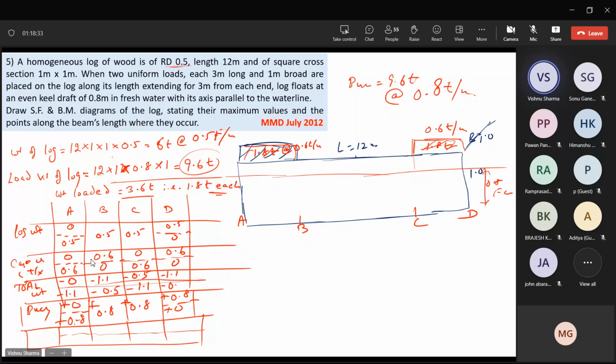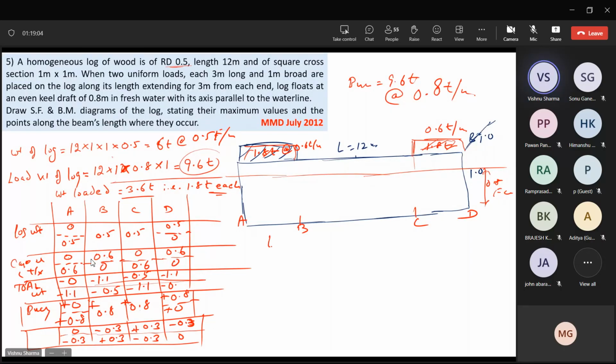The load will be 0. This is plus 0.8 and minus this 1.1, so minus 0.3. This will be minus 0.3, plus 0.3, then plus 0.3, minus 0.3, then minus 0.3 and 0.